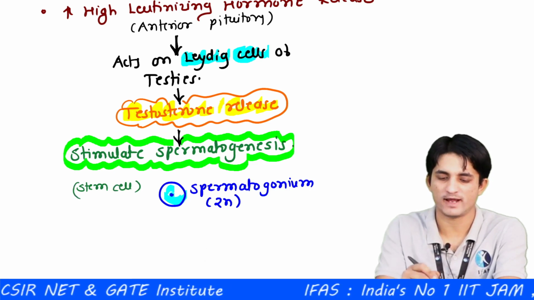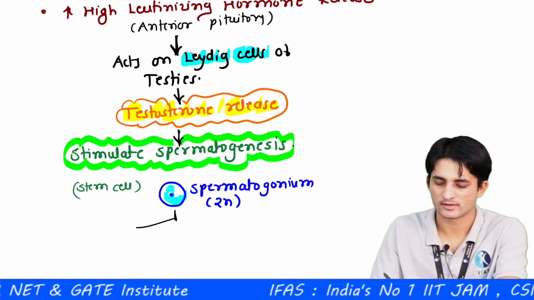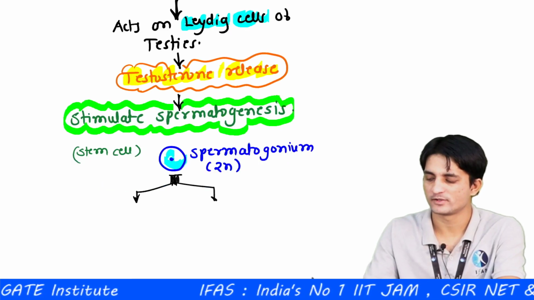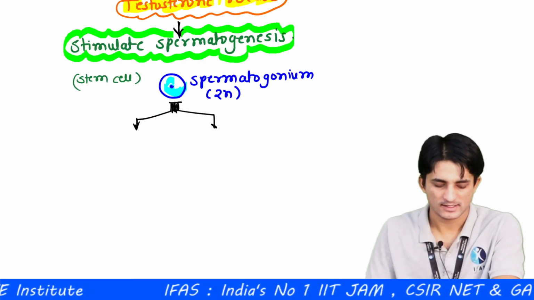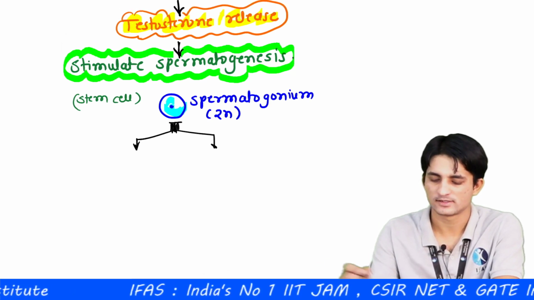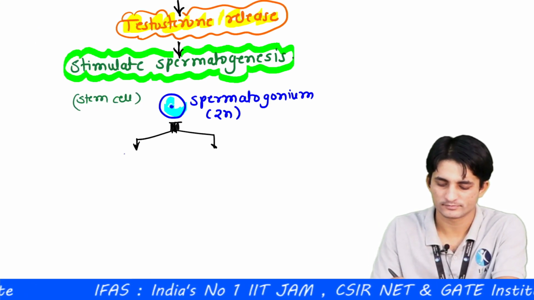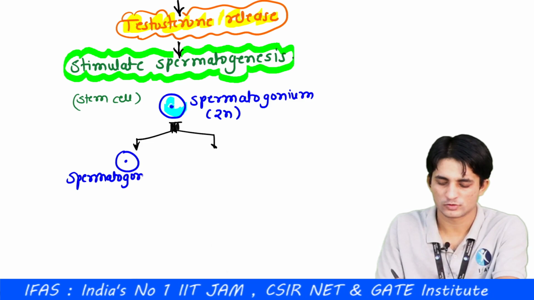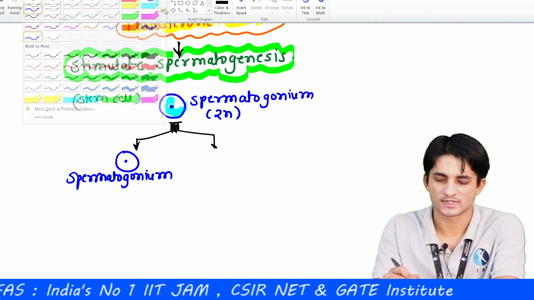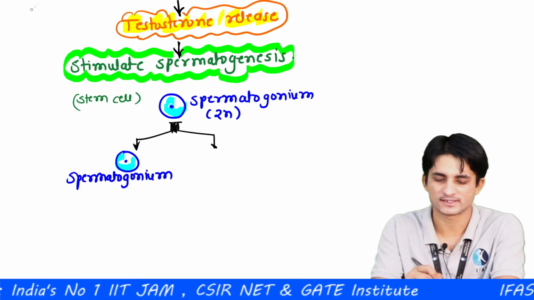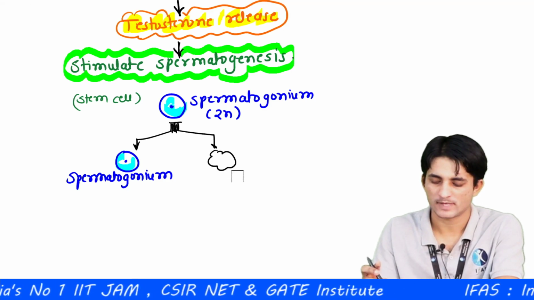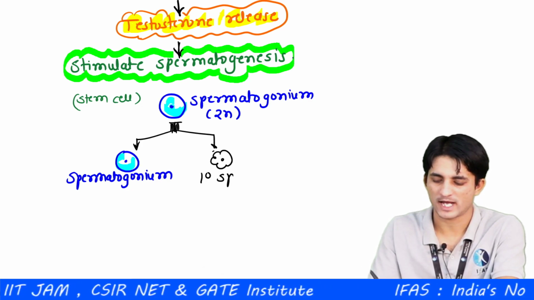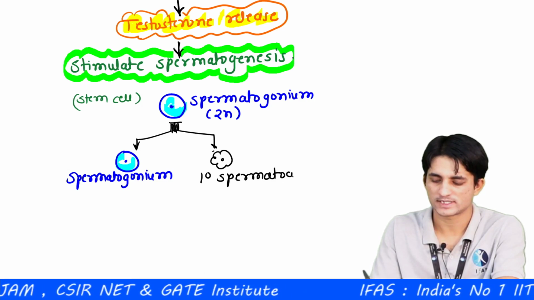Now it divides in an asymmetric way, and there is one cell that is the spermatogonium, which maintains its own balance, and the second cell is called the primary spermatocyte.